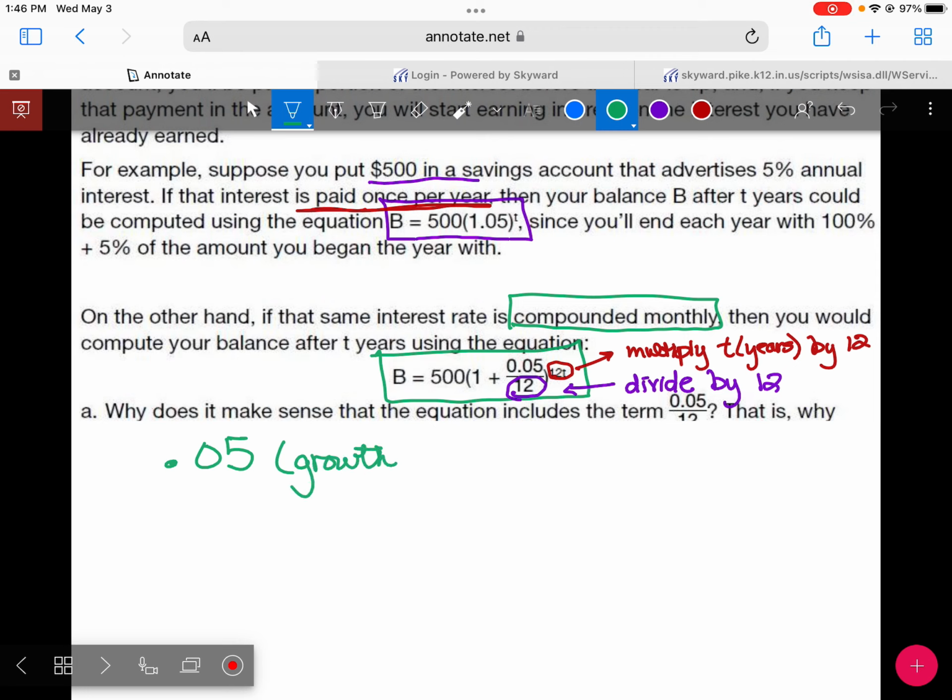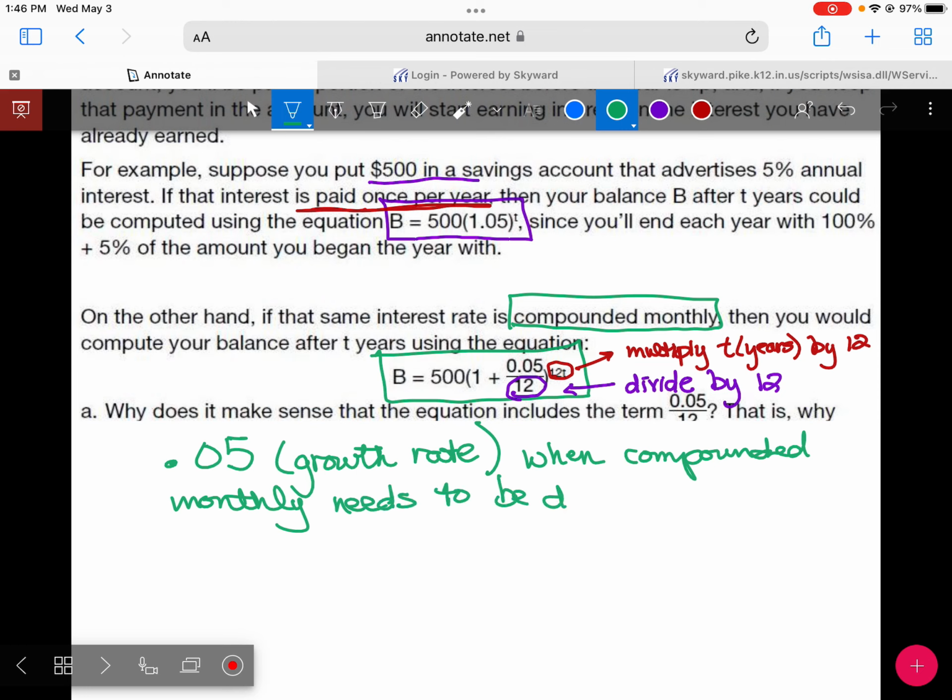Why is it divided by 12? Right. So this growth rate, when compounded monthly, needs to be divided by 12. Because there are 12 months in a year.